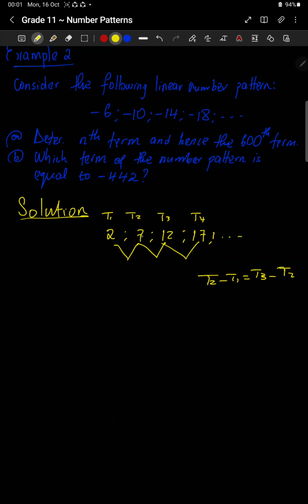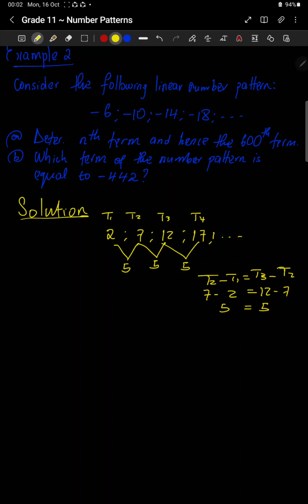So now we're going to say T2, which is 7 minus 2, and T3 is 12 minus 7. And then 7 minus 2, of course, is 5, and 12 minus 7 is also 5. So that means the constant difference is 5.